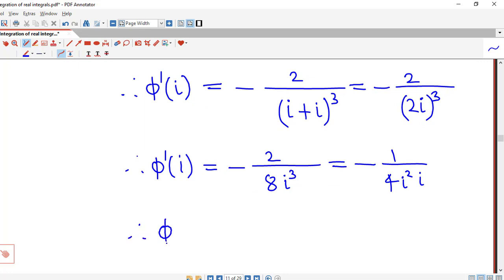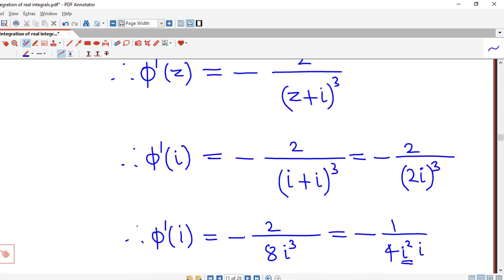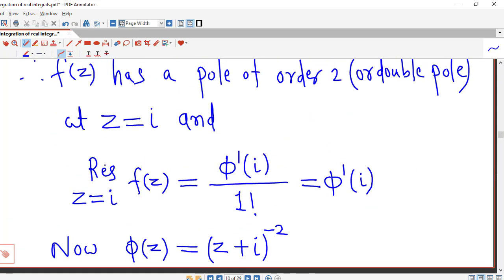Now if we put i square equal to minus 1, we have a positive sign, so we have 1 over 4i, since negative and negative give positive. And we know that 1 over i is minus i, so phi dash at i equals minus i by 4.